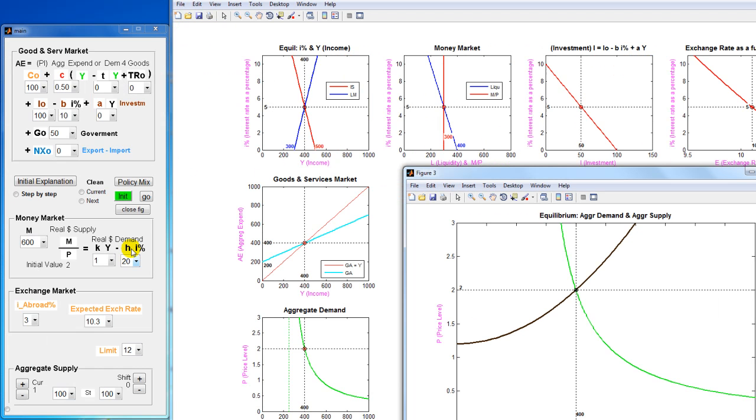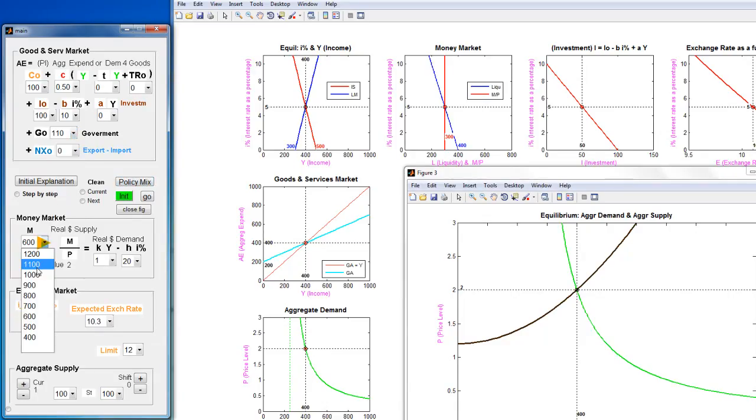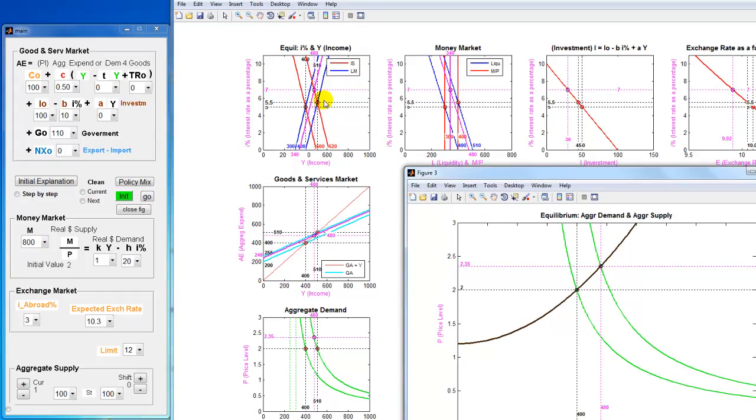We have seen in the previous video that when we apply the policy mix, increasing government expenditure and increasing money supply, then we have this first effect here and we have the second effect from here to here.